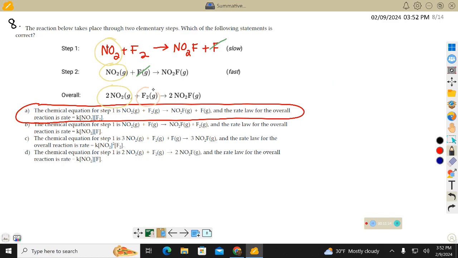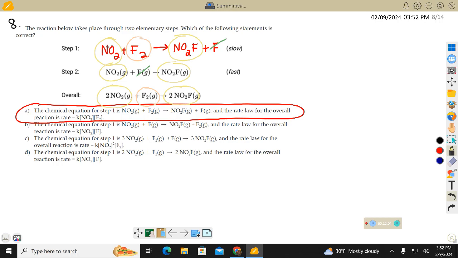Here's my overall equation, but it's not in step 2, so I need to put that in step 1. So it appears in the final balanced equation. Also, on the product side, I want 2 NO2Fs. Well, in step 2, there's only 1 of them, so I'll need to add another one to step 1.